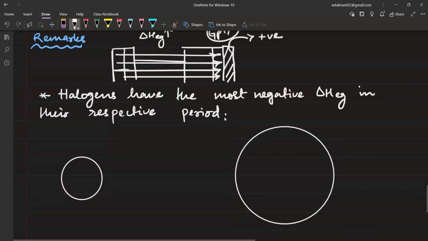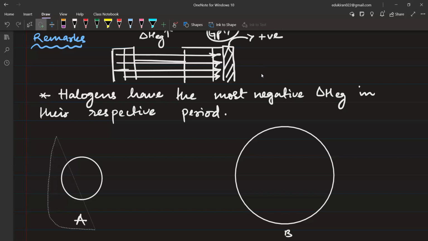Which can accommodate more electrons? I mean, which can accommodate 8 electrons more easily, A or B? If I want to place negative charges, tell me, guys. B, right? All of you agree? B will be able to accommodate 8 electrons more easily, right?